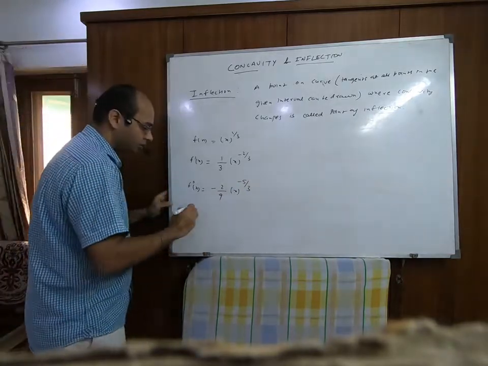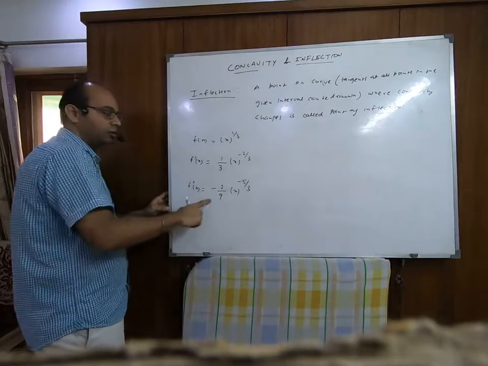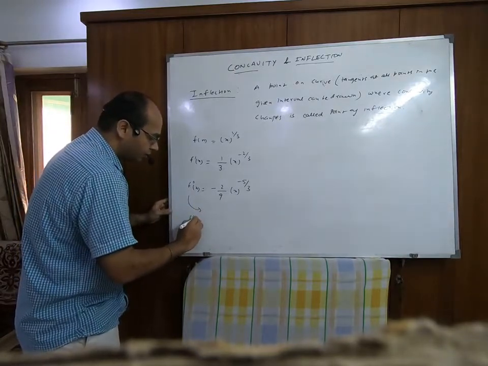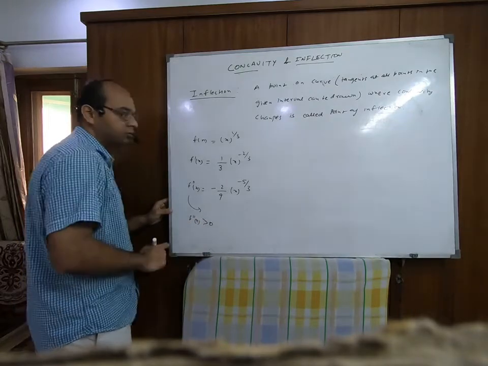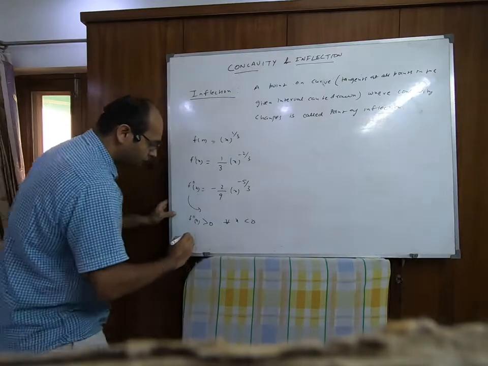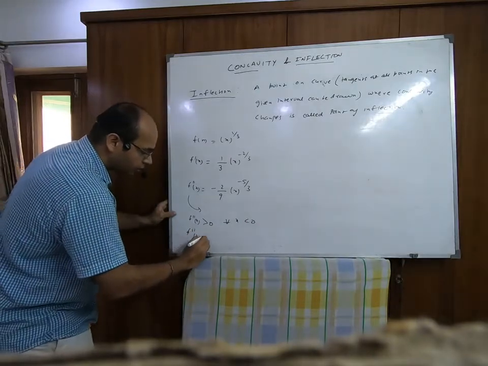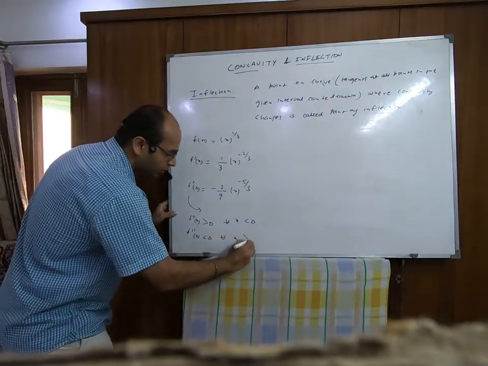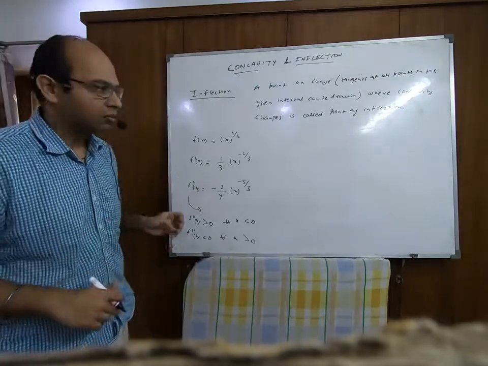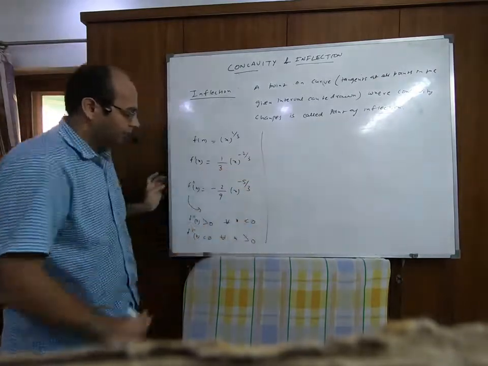Again I can see this value f double dash x will be positive when x is negative and negative for all x that are positive, right? A very simple concept. Okay.